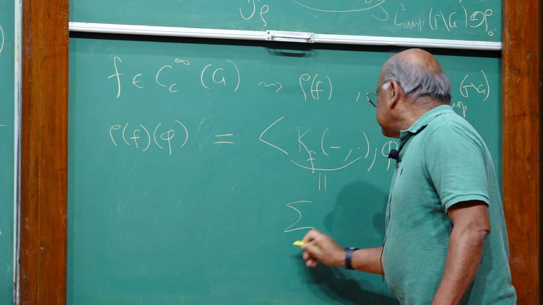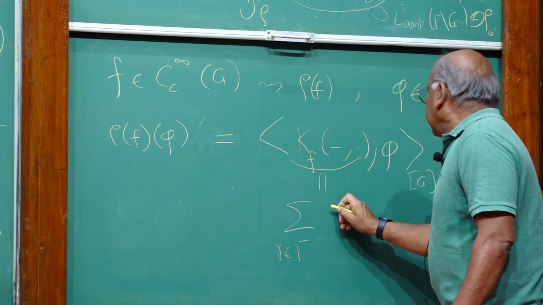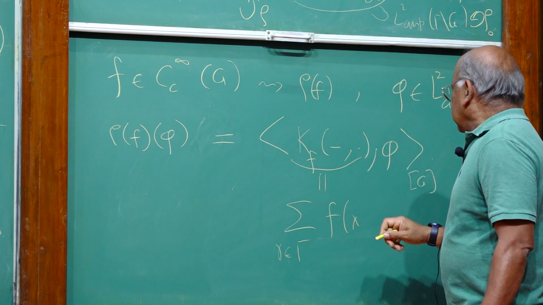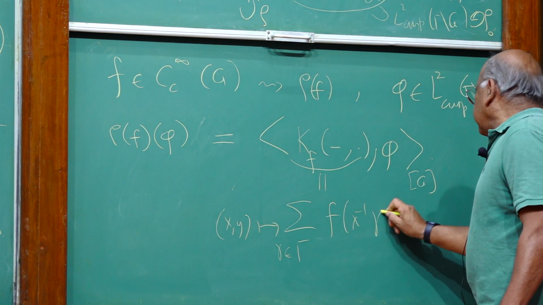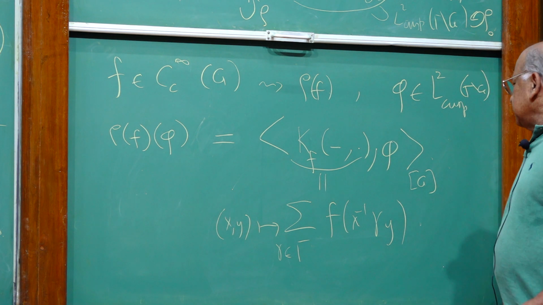The kernel function is written as the sum over gamma of f, which sends x, y to f of x inverse gamma y. So this is the kernel function.